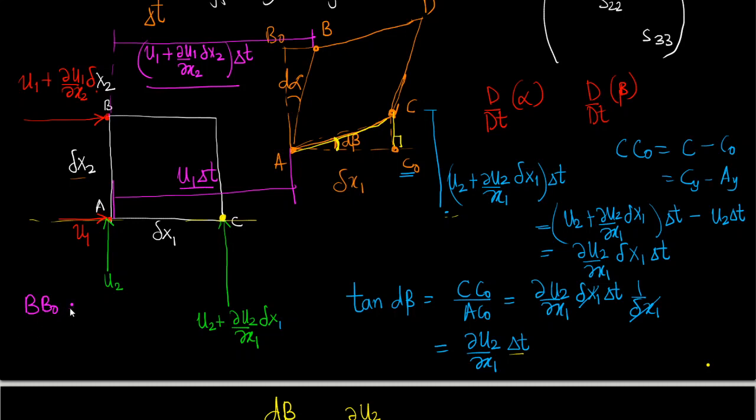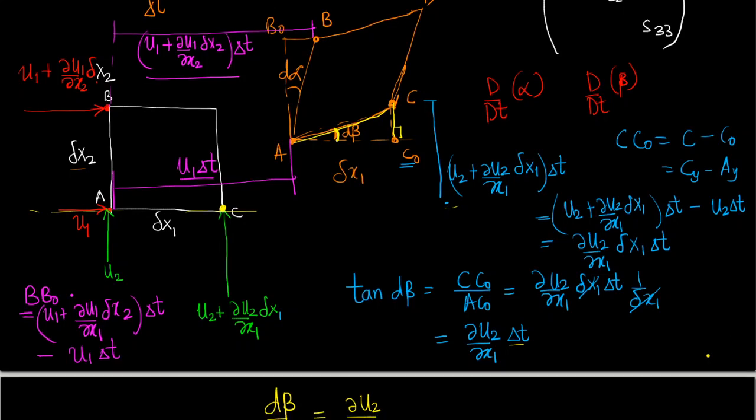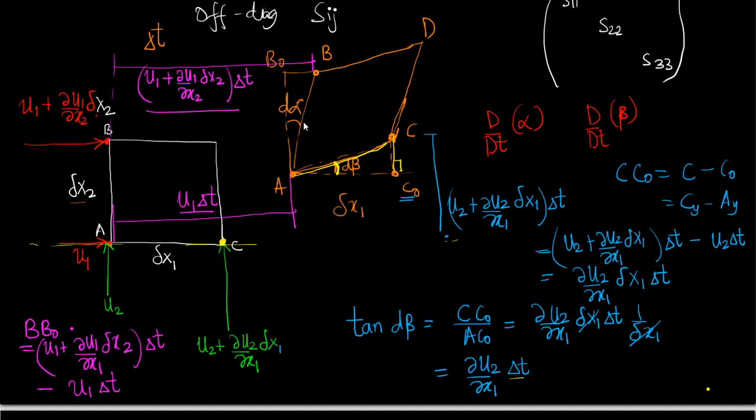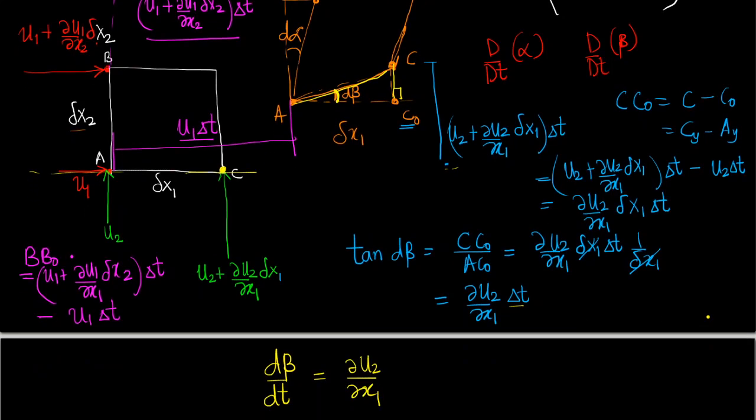So this is equal to u1 plus ∂u1/∂x2 Δx2 times Δt minus u1 Δt.